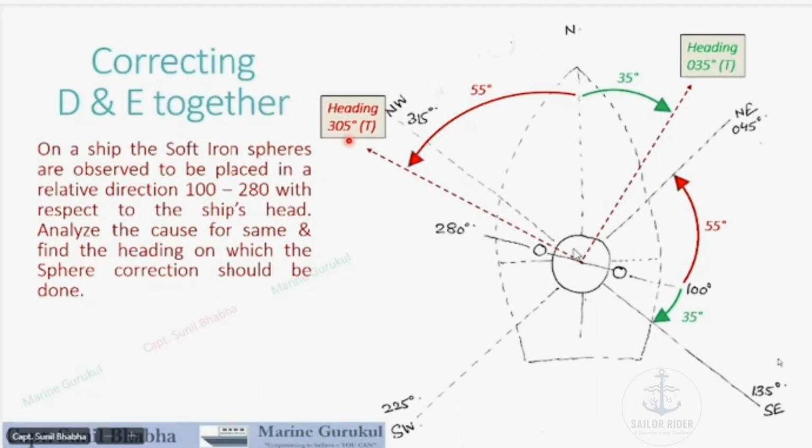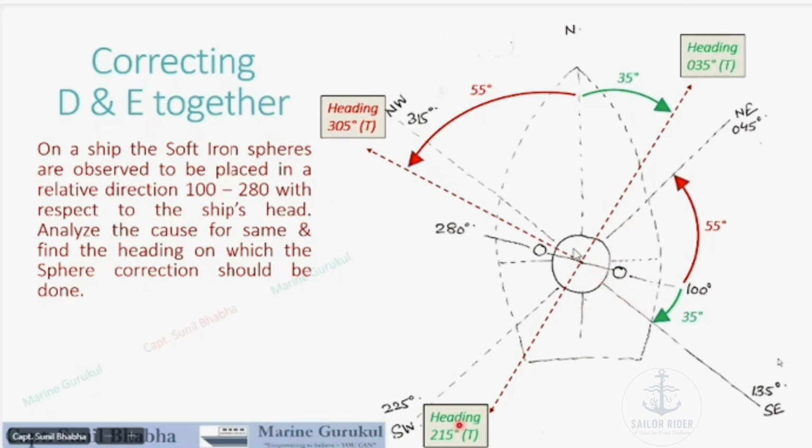Now if you look carefully, even if the ship goes on a heading which is reciprocal of 035, which would be 215, even on that heading the spheres will be lying at an intercardinal direction. At 035 heading, the starboard sphere was southeast of the compass.